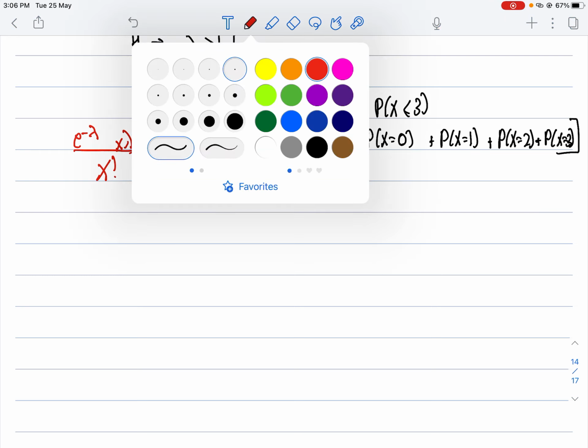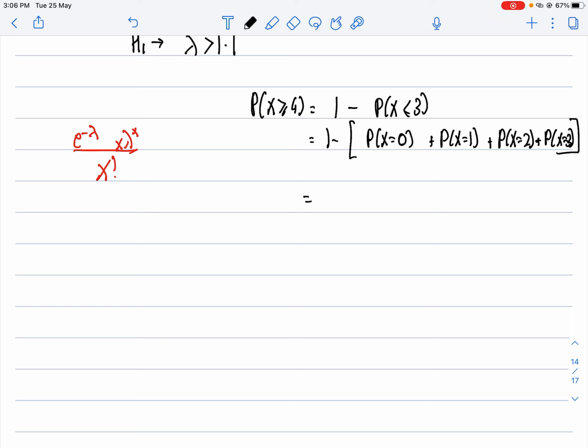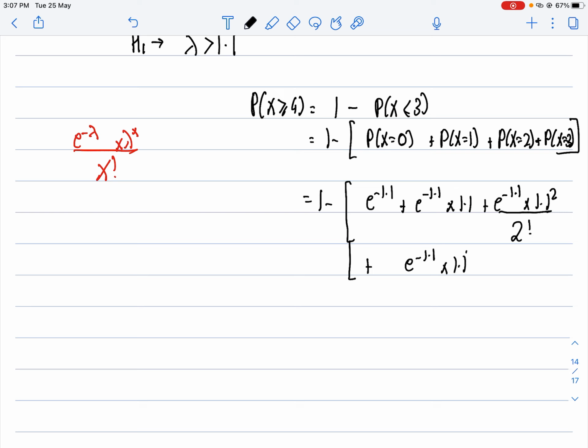Using this formula, I can write this as 1 minus e raised to minus 1.1 plus e raised to minus 1.1 into 1.1 plus e raised to minus 1.1 into 1.1 raised to 2 over 2 factorial, plus e raised to minus 1.1 into 1.1 raised to 3 over 3 factorial.